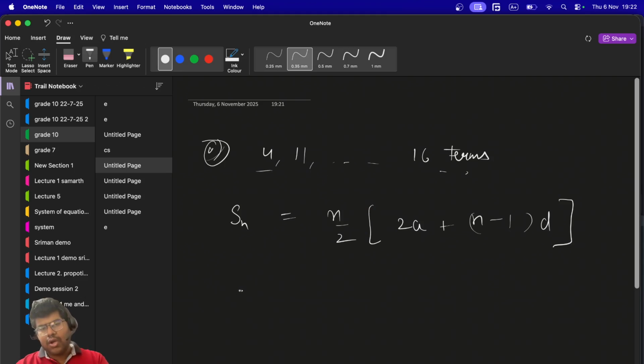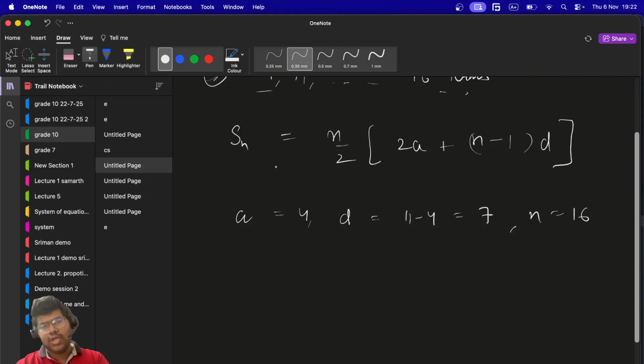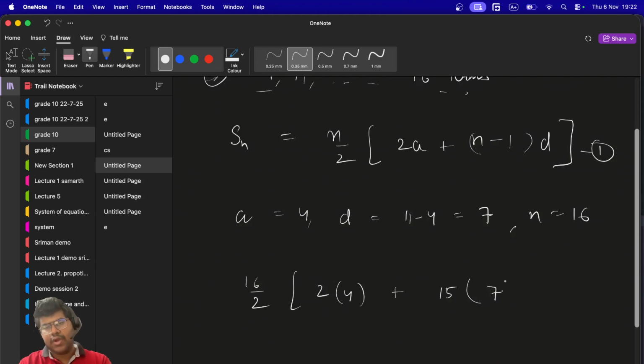Okay. See. So here according to the question, a is 4, d is what? 11 minus 4, which is 7, and n is what? 16. Now putting these values in this first equation, it results as 16 over 2, 2 times 4 plus 15 times 7.